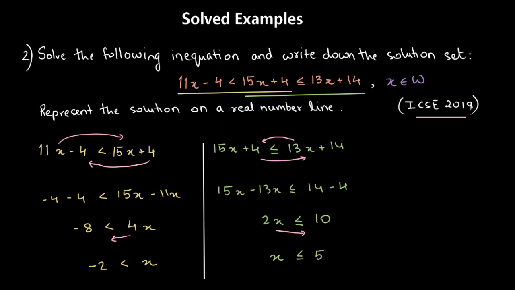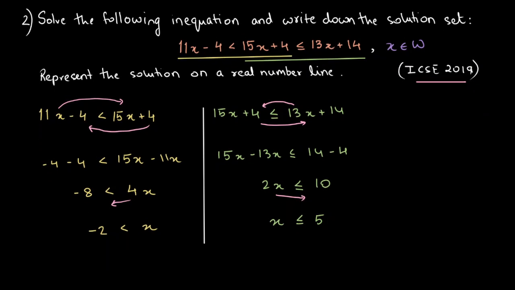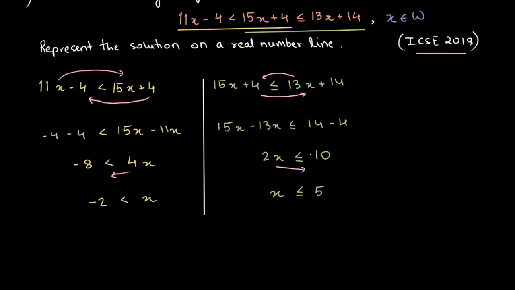All right. Now we need to combine these two answers and then plot them on the real number line. So what we have is minus 2 less than x less than or equal to 5, and we know that x belongs to whole numbers, or I can say whole numbers is my replacement set.